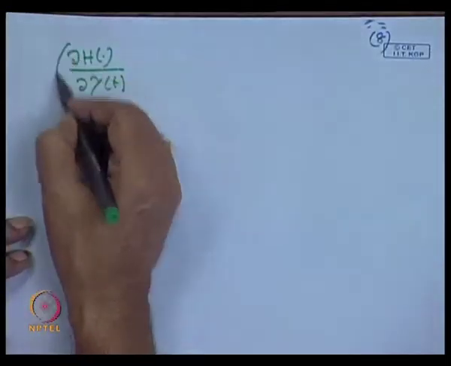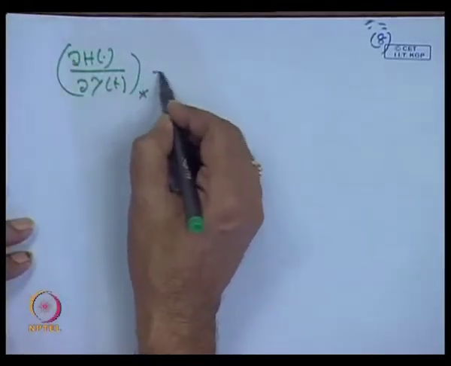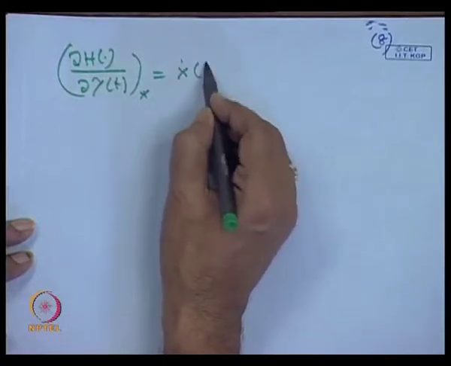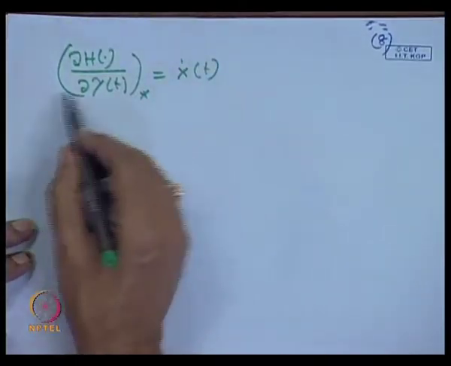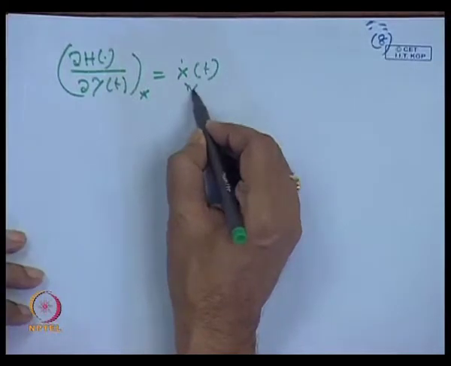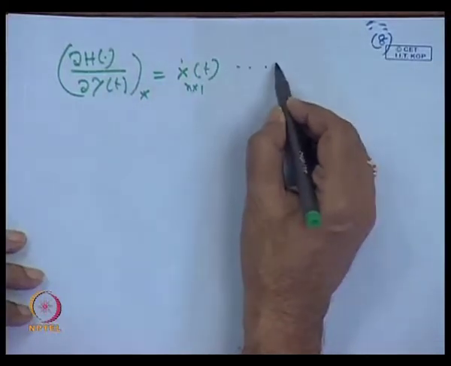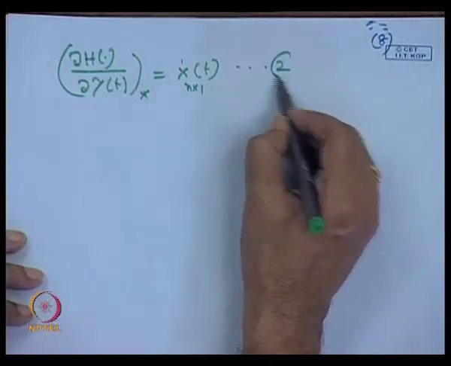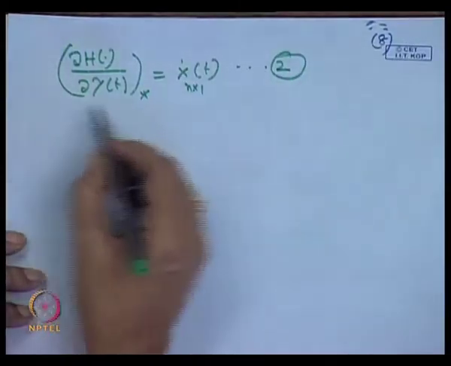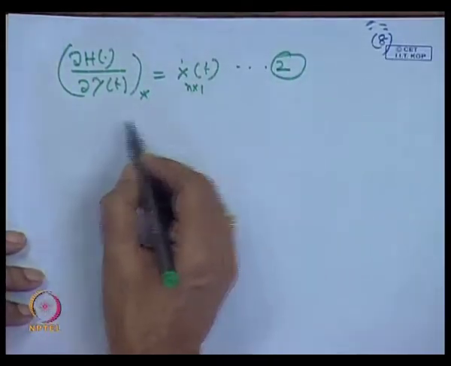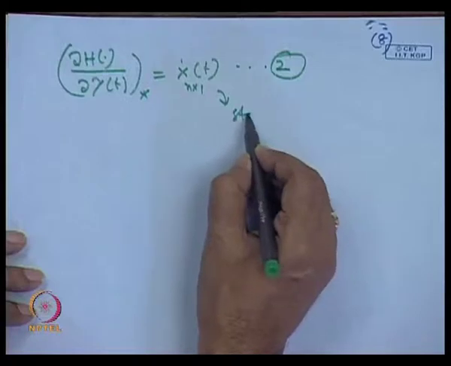That is equal to x dot of t. This is also n cross 1. Let us call this equation number 2, and this is called the state equation.